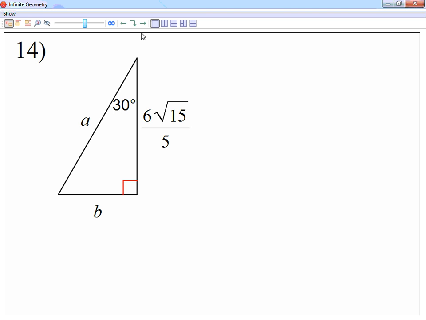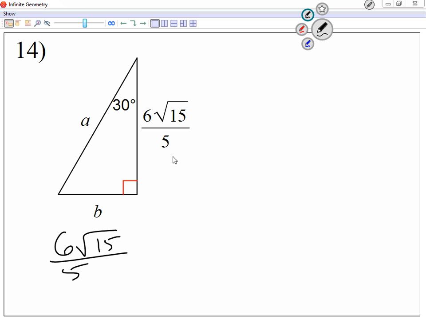All right, so I'm giving, not the hypotenuse, I'm giving the longer side. So I'm going to write 6 radical 15 over 5, which is what I'm given. But to get to B, this number I have to divide by radical 3. So because I'm dividing, let me put my radical at the bottom.